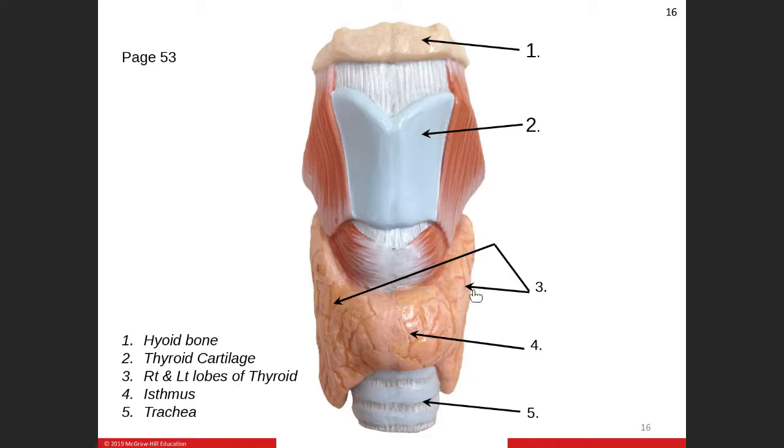So over here is going to be the left, and this is going to be the right, anatomically, because this person is facing us. Don't lose points like that, please.